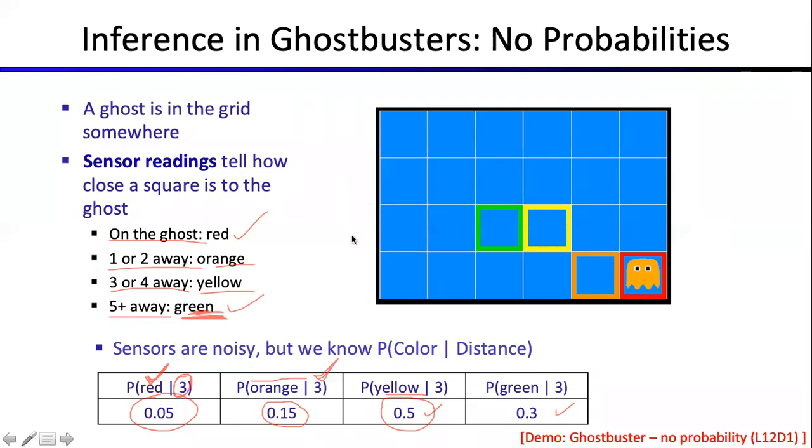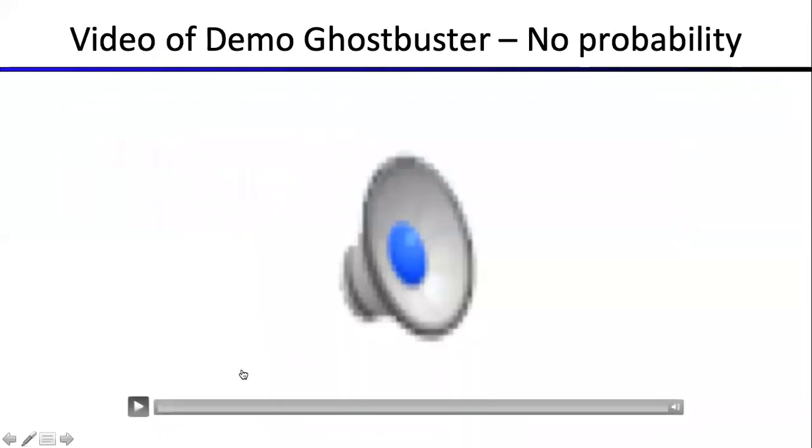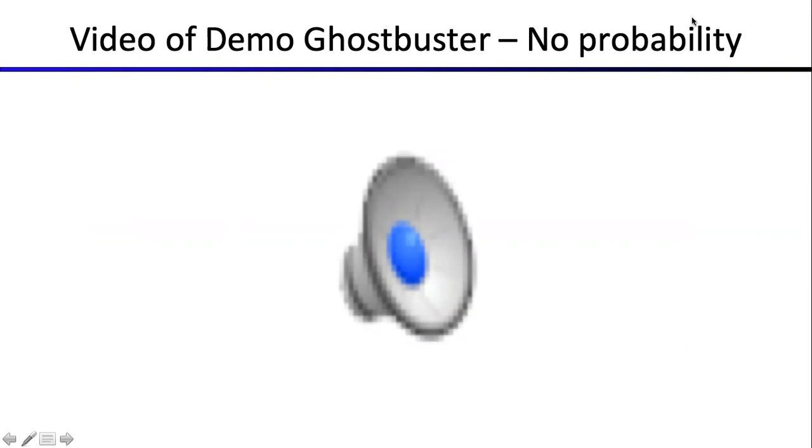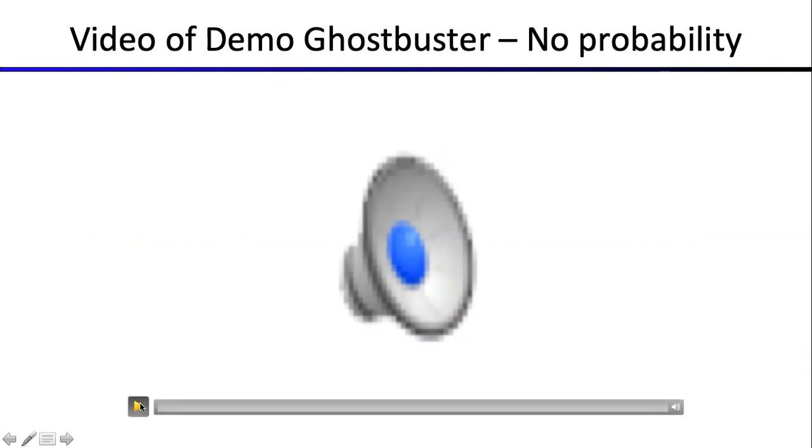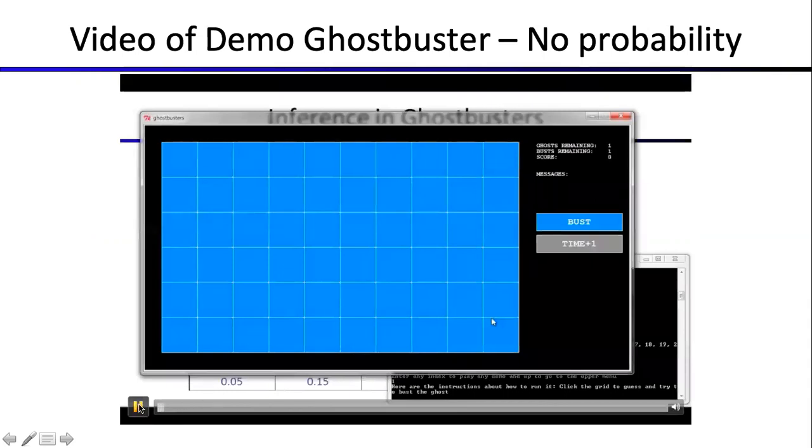So I have a small video here that explains how this works, and I'll just show you how this works. Okay, so here is the video. So here is a grid, and then you can click on any of the cells and a color will appear.